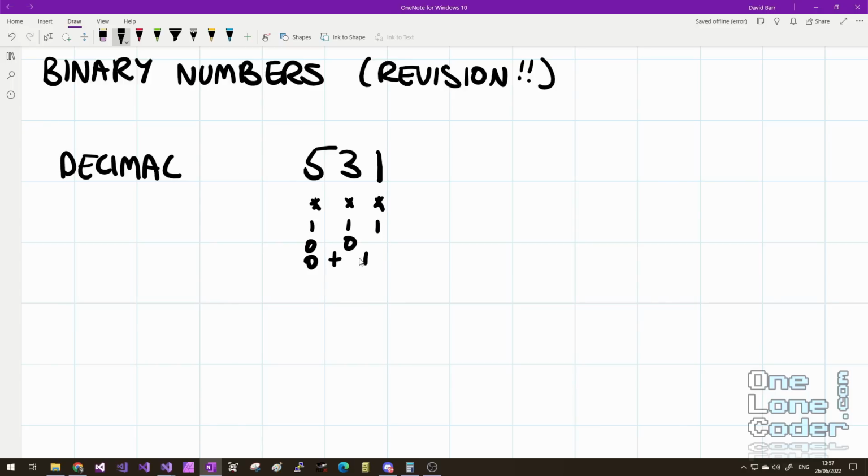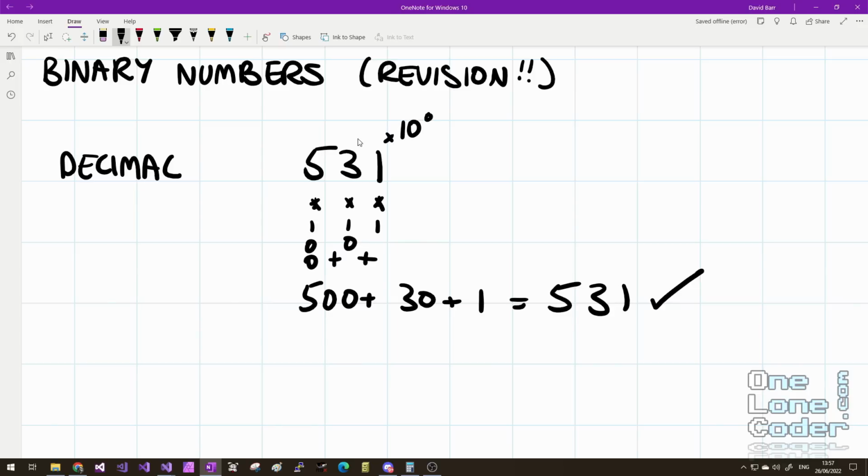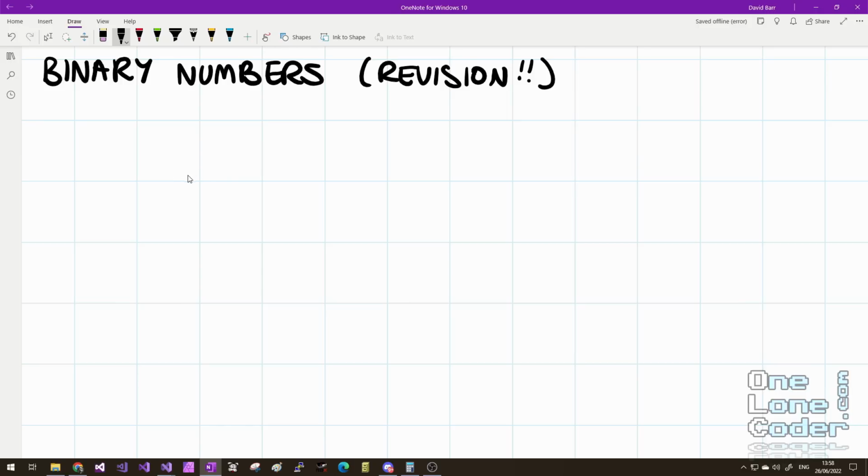And we add all of those together, which is no doubt 500 plus 30 plus 1 equals 531. Another way to look at this is that the 1 is multiplied by 10 to the power 0, the 3 is multiplied by 10 to the power 1, and the 5 is multiplied by 10 to the power 2. Units, tens and hundreds.